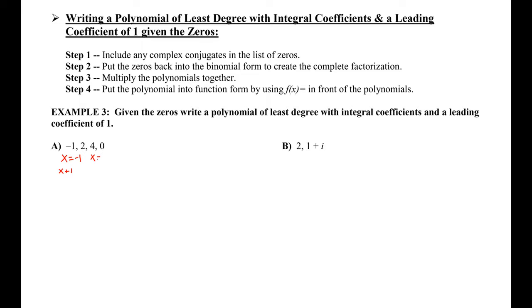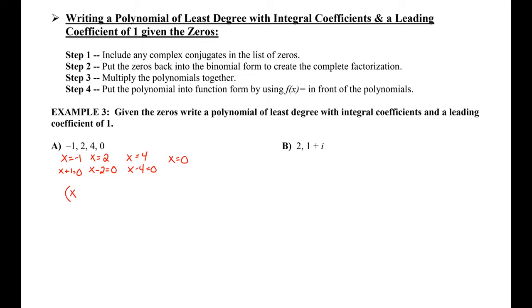Likewise, if I know that x is equal to 2, to move it to the same side as the x, I would have to subtract it to get x minus 2. Same thing for the 4. Subtract it from both sides to get x minus 4. And we also get x equals 0.